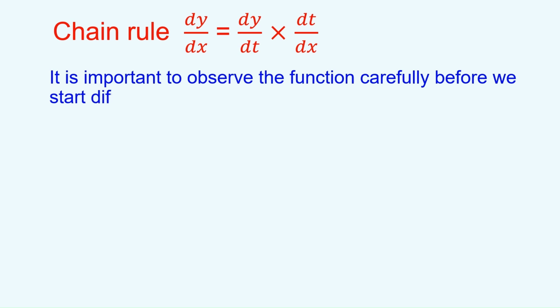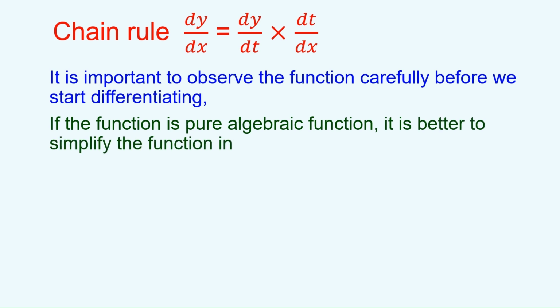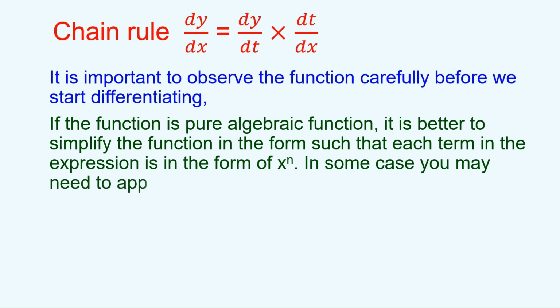It is important to observe the function carefully before we start differentiating. If the function is a pure algebraic function, it is better to simplify the function in the form such that each term in the expression is in the form of x to the power of n.